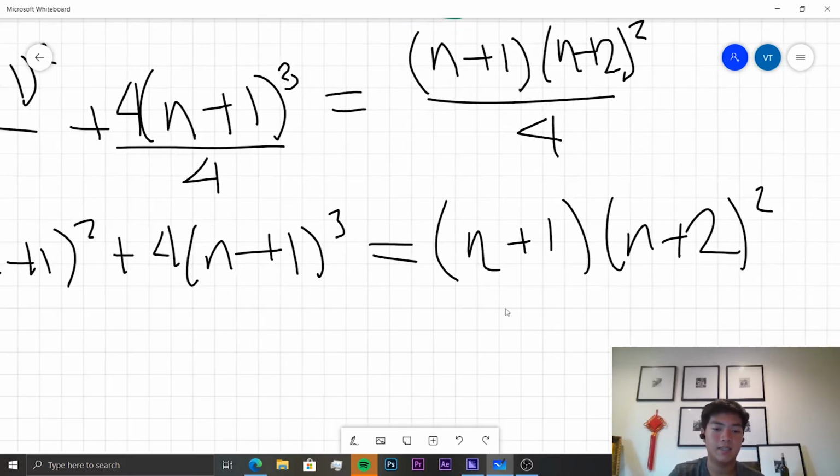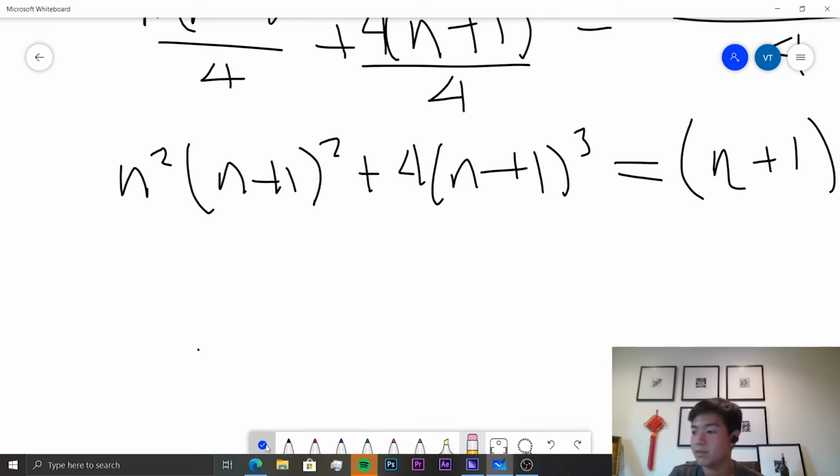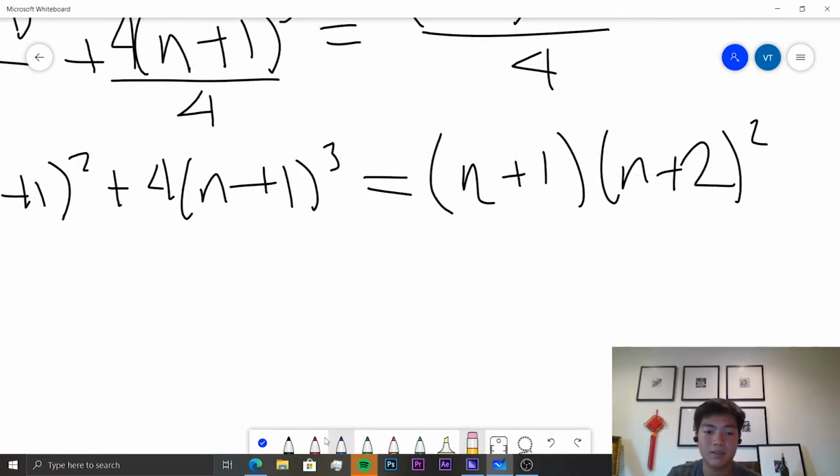Now let's stick to the left side. Is that really n squared? Oh, then this should be squared too.